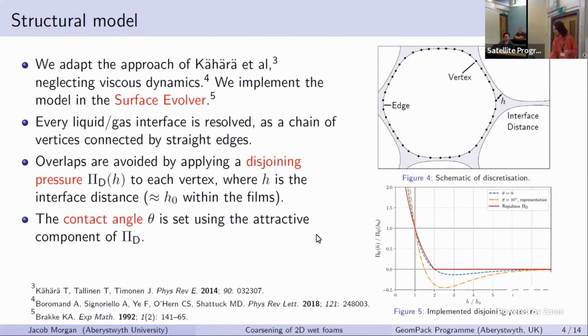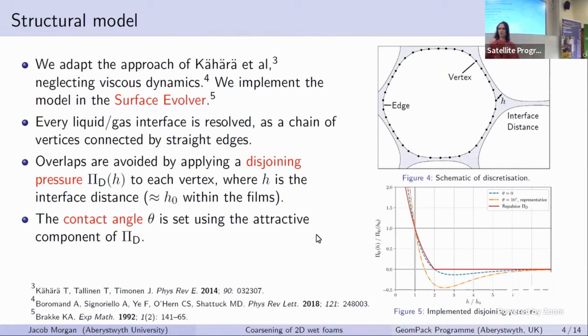Maybe I should write. So I think the surface tension of one interface of a film of thickness H, I think it's a standard result that it is the surface tension of, so to speak, an isolated liquid gas interface, which I might call gamma infinity, just in the sense of it's the surface tension of an infinitely thick film, plus a half, just because obviously there are two sides to the film, the integral from h to infinity of the disjoining pressure.